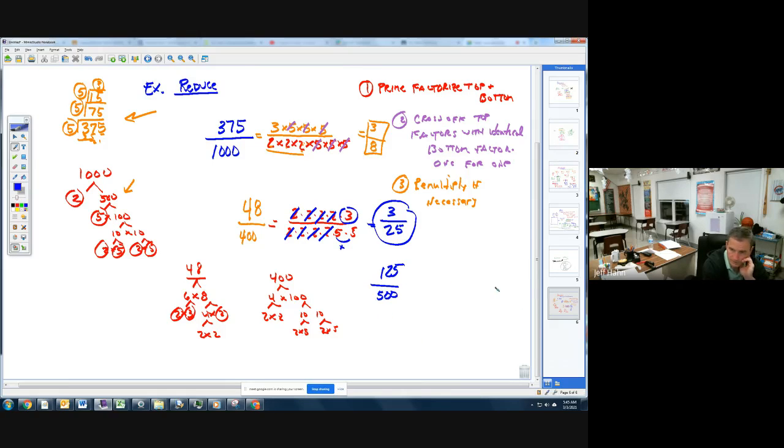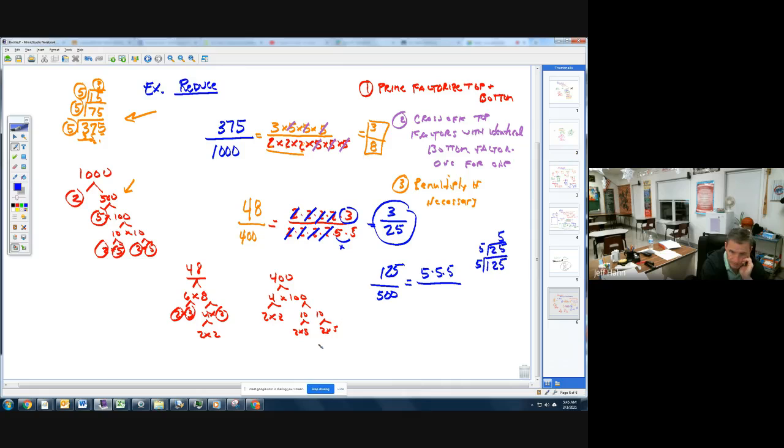If I'm prime factorizing 125, I'm going to do that one again by division by primes because it ends with a 5. 5 goes into 125 25 times. 5 goes into 25 5 times, and those are all prime, so I can stop. 125 is 5 times 5 times 5.